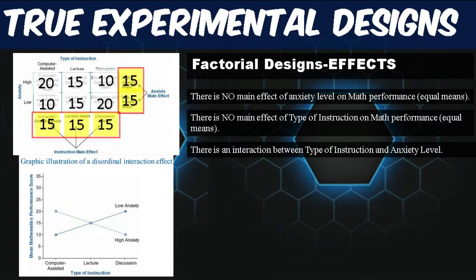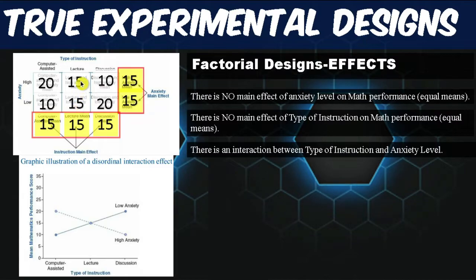How about the interaction? To explore the interaction, we have to look at the individual cells inside the table. If we look at the first pair, under the computer assisted type of instruction, students with a high level of anxiety were actually the students who had better performance. There was lower performance here, and they are the students with low anxiety, remember that.